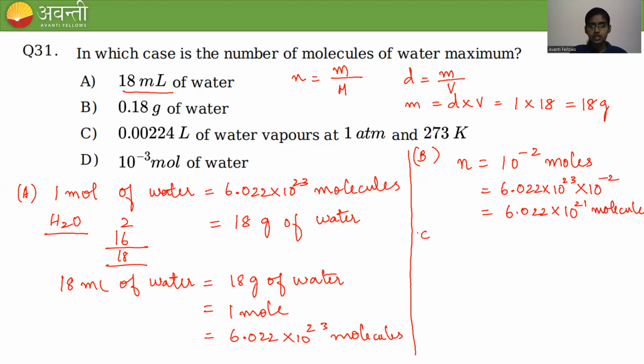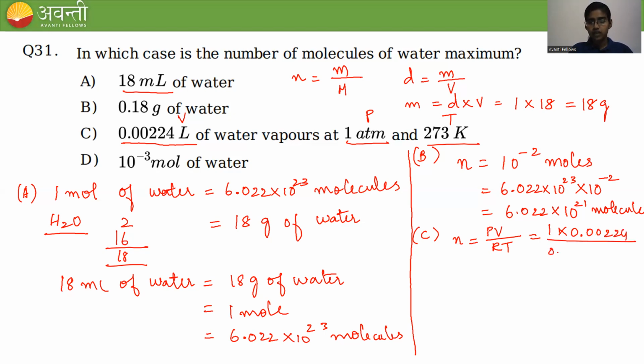And coming to option C. Volume is given to us, pressure is given, temperature is given. So from PV equal to nRT, n is equal to PV by RT. The pressure is 1 atmosphere and the volume is 0.00224 liter, and the gas constant R value, since it is given in liter atmosphere, is 0.0821, and temperature is given as 273 Kelvin.